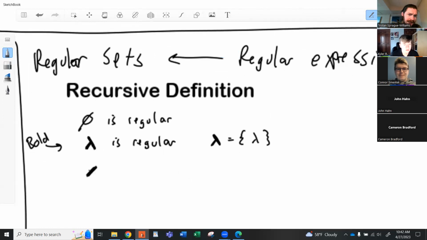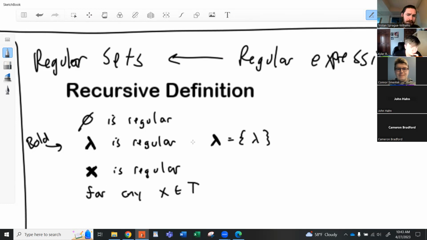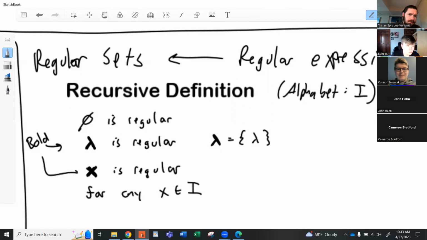Bold X is regular for any X in the alphabet. We're going to use sigma to represent the alphabet we're working with here. Okay, so that's bold as well. So that bold X represents a singleton set containing X. Okay, like that.